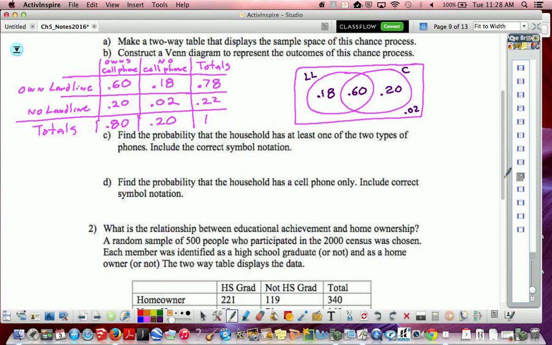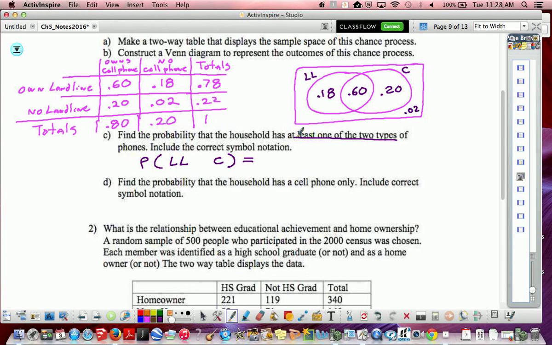Alright, so now C and D. In C it says find the probability that a household has at least one of the two types of phones. Include the correct symbol notation. So I'm looking at the probability of something involving landlines, something involving cell phones. Now it says at least one of the two types. So what symbol should I put in between the two?